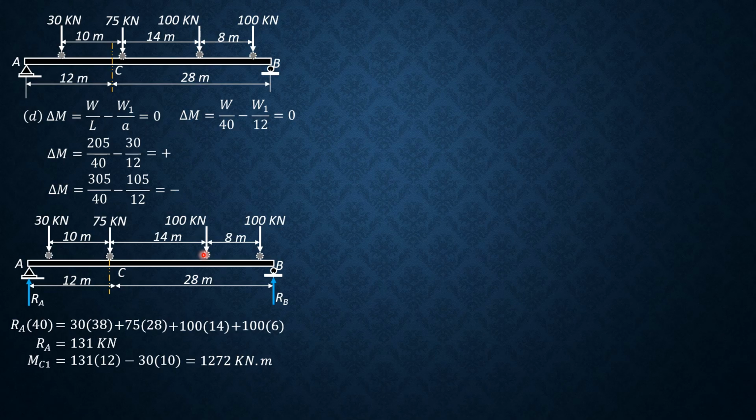We then proceed with 100 kilonewton just to the right of C. So that would be W 200 because these two will be off span. That's 12 only. So the initial value is positive. Then when the 100 kilonewton load is positioned just to the left of C, this is part of W1. So delta M equals 200 over 40 minus 100 over 12.